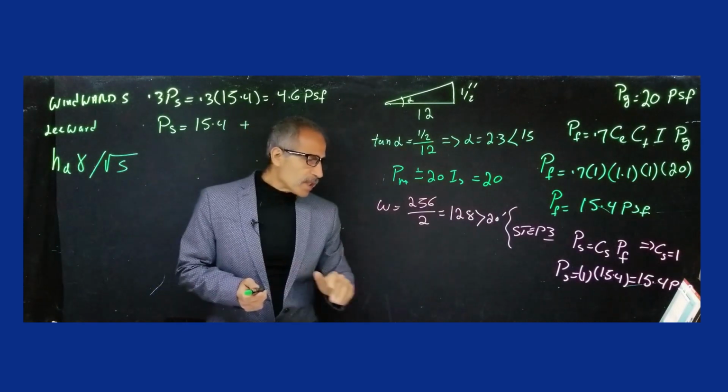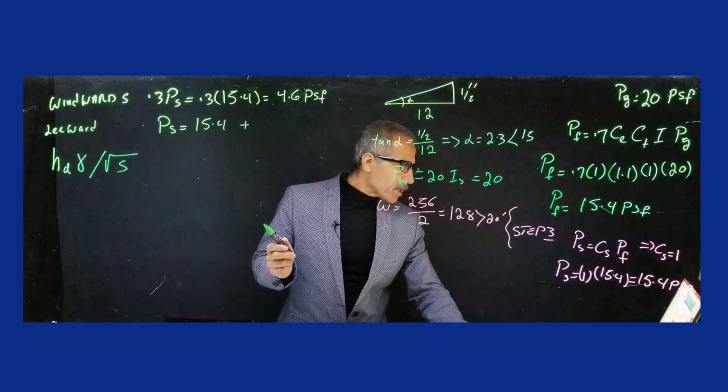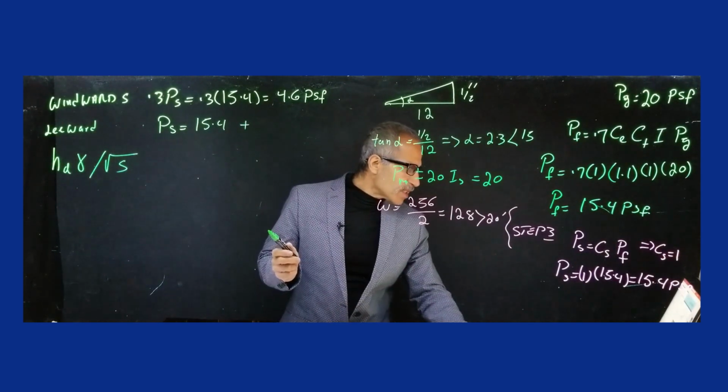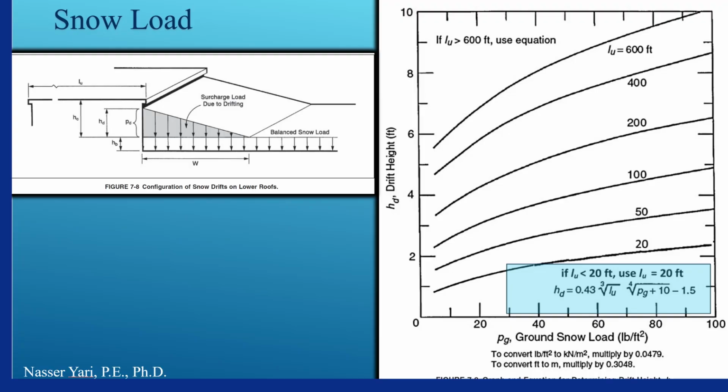And continuing with what I have on screen on the next page, look at that. It says HD is equal to 0.43. Let's write that formula down. HD is equal to 0.43 times LU to the power 1/3, and then times PG plus 10 to the power 1/4, and then minus 1.5.